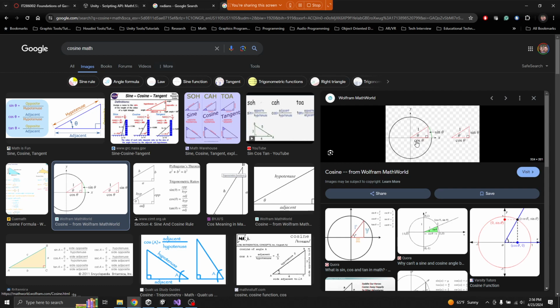We're trying to say, what's this angle? So if we start here, this angle is 0, this would be angle 90, and this is angle 180, 270.